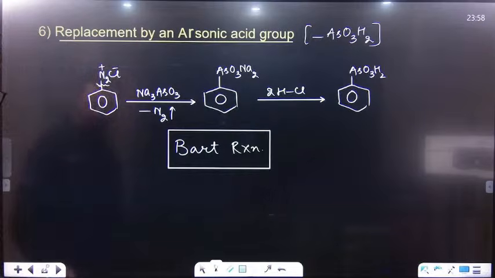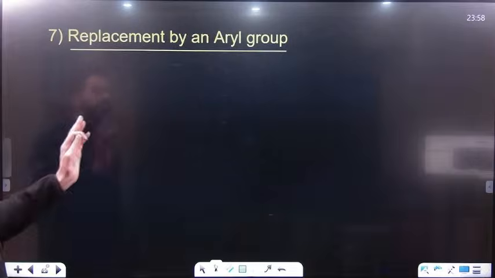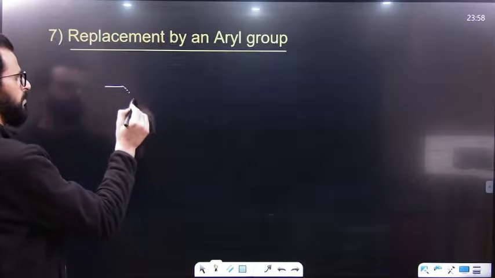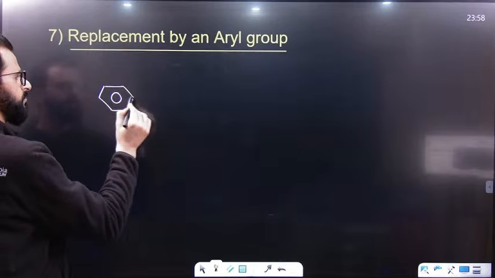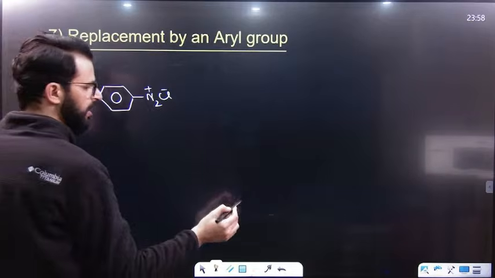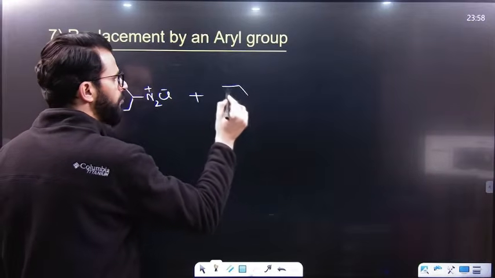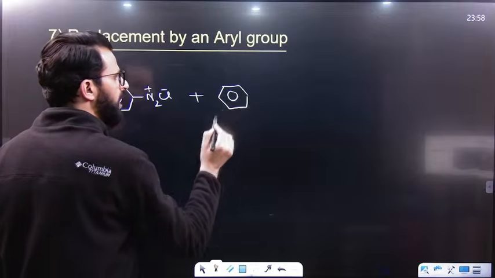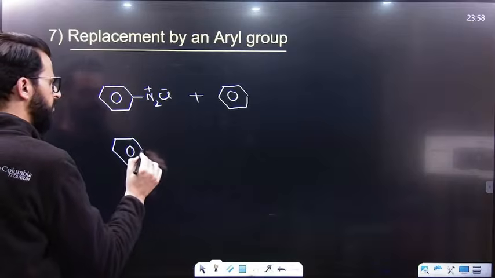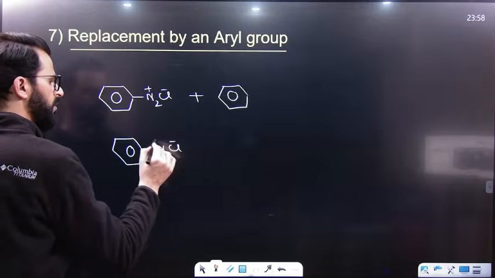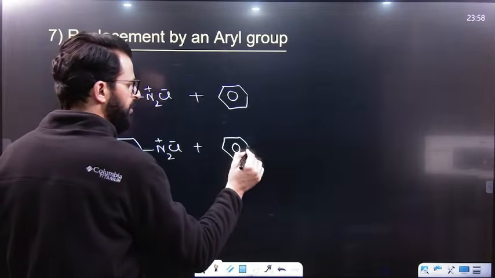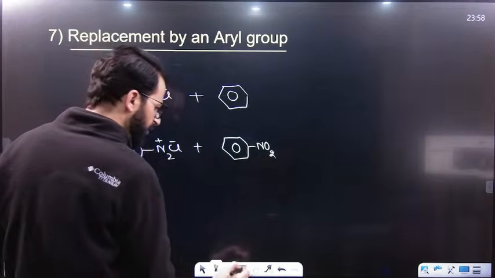After that, remember, replacement by an aryl group. Have a look. If you are having benzene diazonium chloride like this, and you want to replace this N2 by aryl group, you have to treat it with either benzene, that means aromatic compound, or a substituted benzene, say for example with NO2.